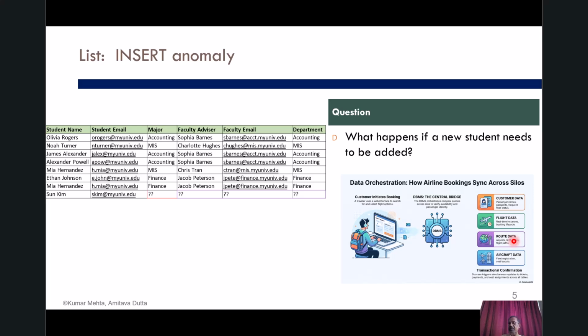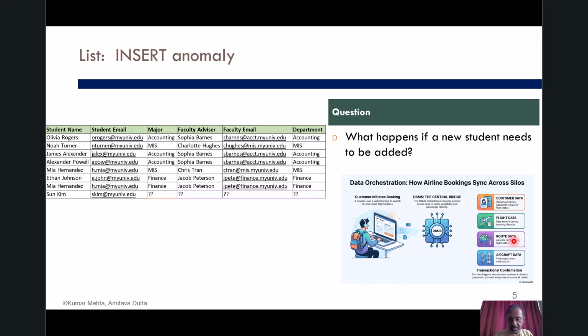Okay. So that's obviously a weird situation to be in. An airline should be able to add that information into the database, even though there is no customer who has currently made a booking. Okay. So this is an example of an insert anomaly, and this is one of the problems that can arise when all the information that you need for your database is put into one big list. So this is one of the issues with the one big list approach.